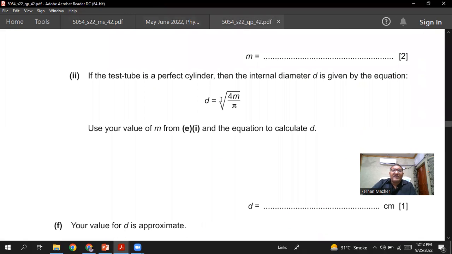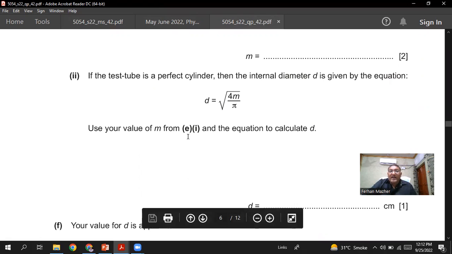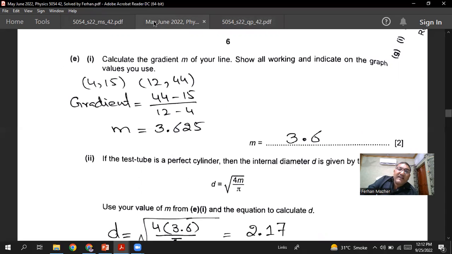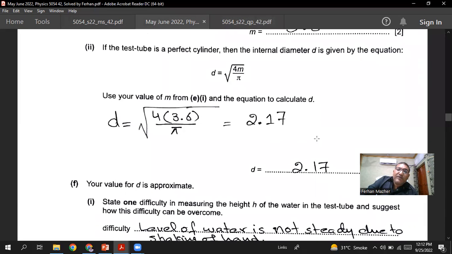Now the next question is, if the test tube is a perfect cylinder, then the internal diameter D is given by the equation D is equal to the square root of 4m by pi. Use your value of the m from the first part and the equation to calculate the internal diameter. Just very simple.